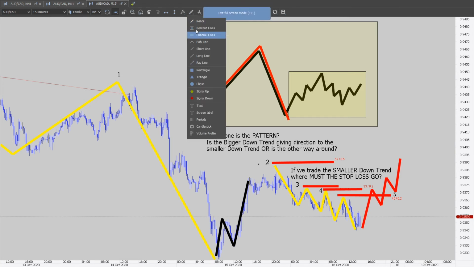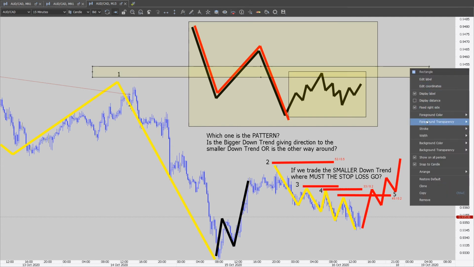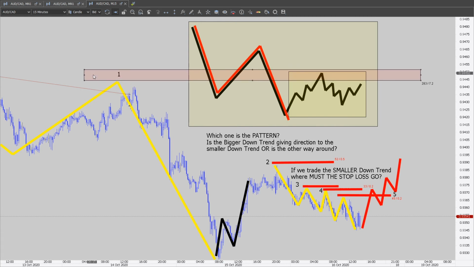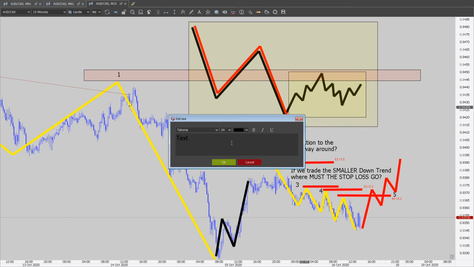Ala said correctly. Number 1 is the level. This is the stop loss. Number 1, above, up in here. Okay? What are we doing here? Well, this is for the beginner traders.